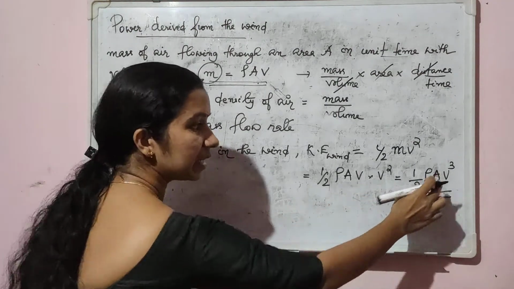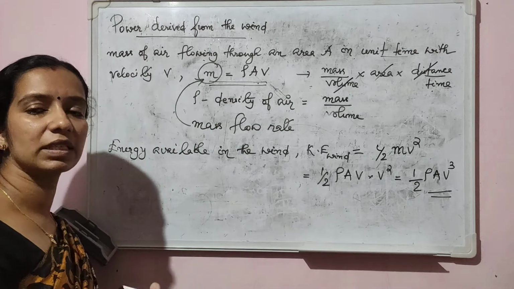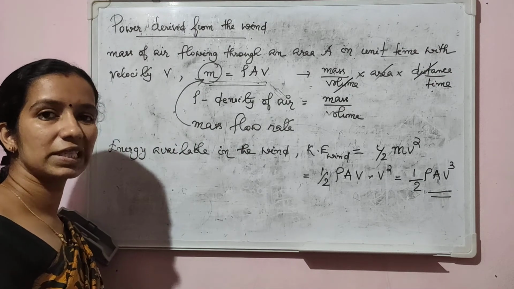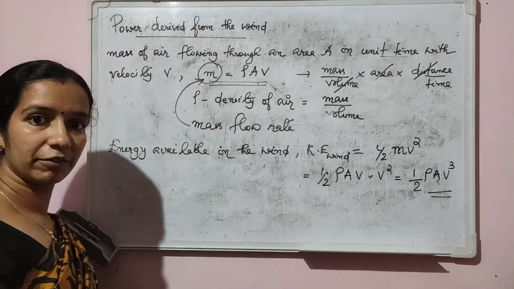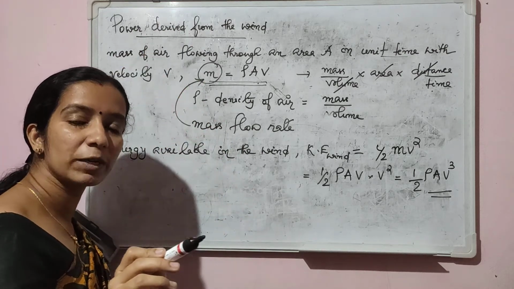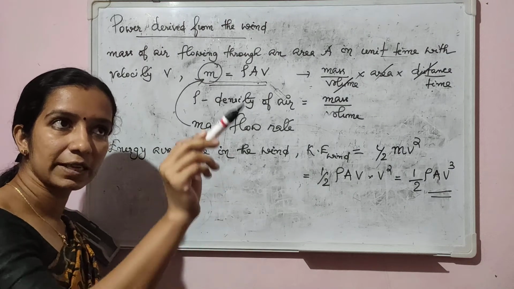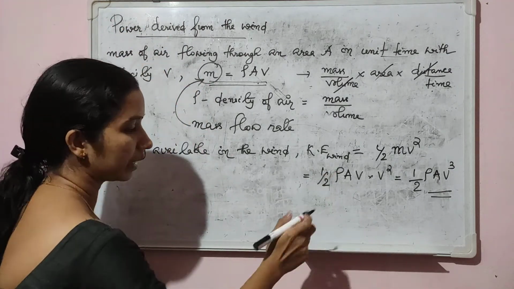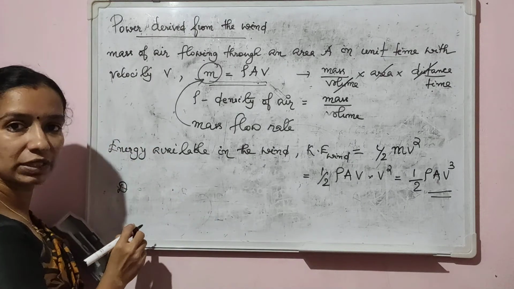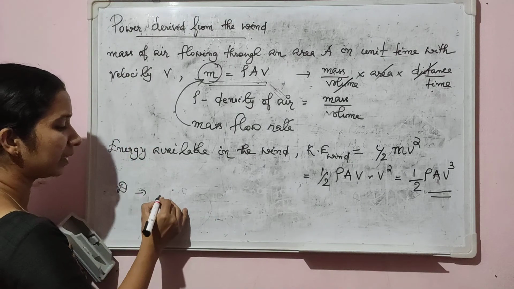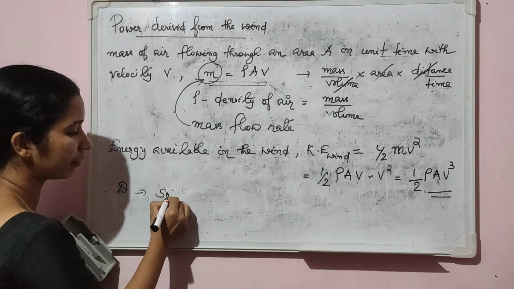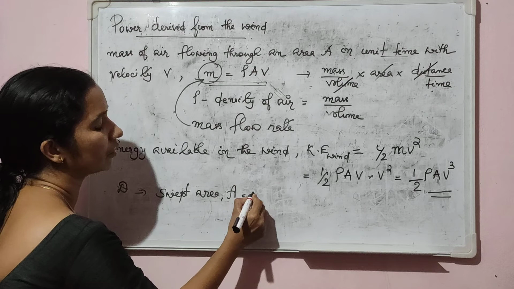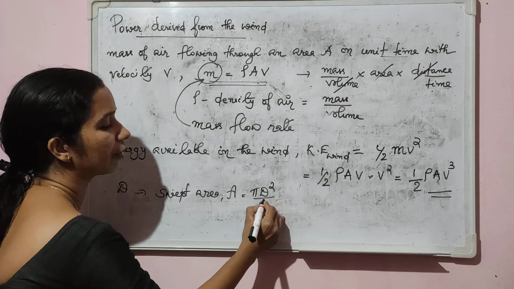Here A means the area of the wind swept by the rotor. In case of a wind turbine, when the turbine blades rotate, they sweep a circular area. If D is the diameter of the turbine blades, we can write the swept area of the turbine as A is equal to pi d square by 4, the area of that circle.